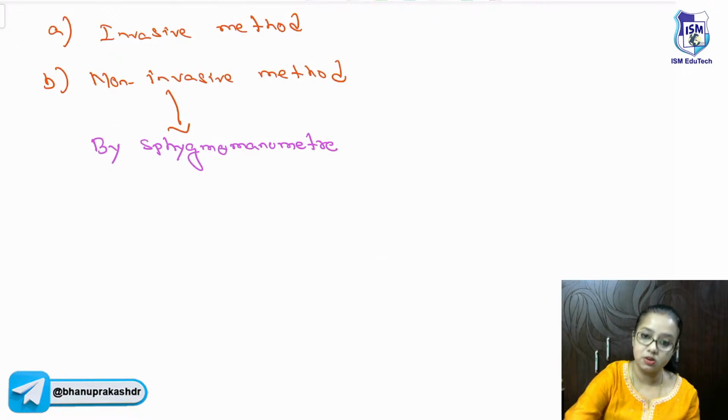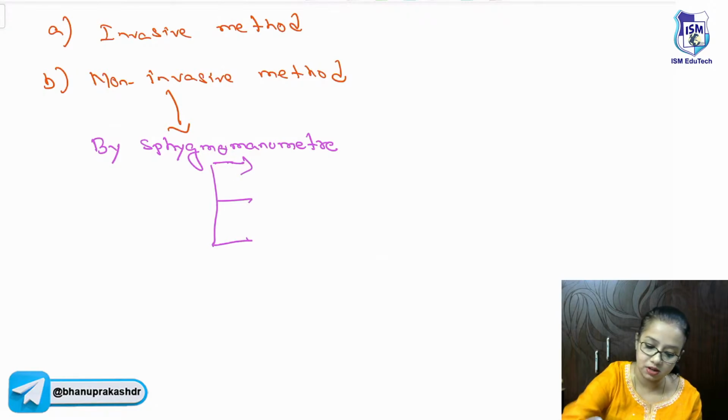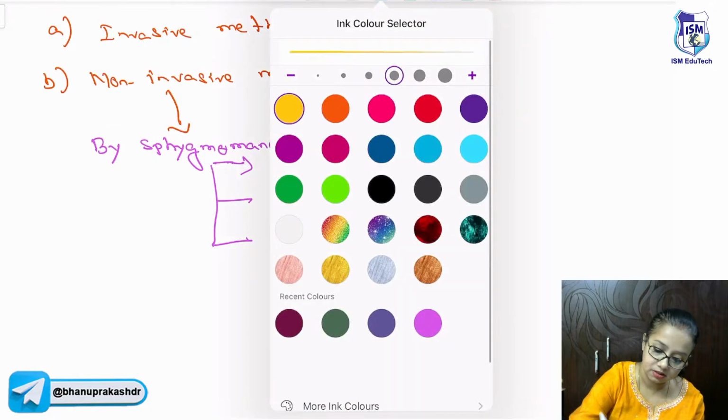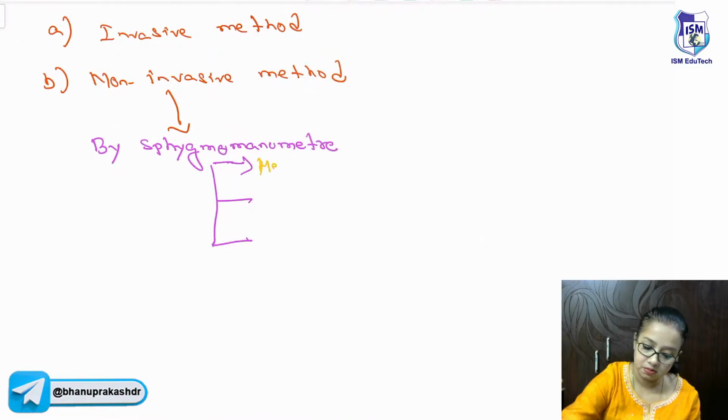Now, this sphygmomanometer is of multiple types. The most common one is the mercury sphygmomanometer. Now, there is the aneroid. Then there is the hybrid also.